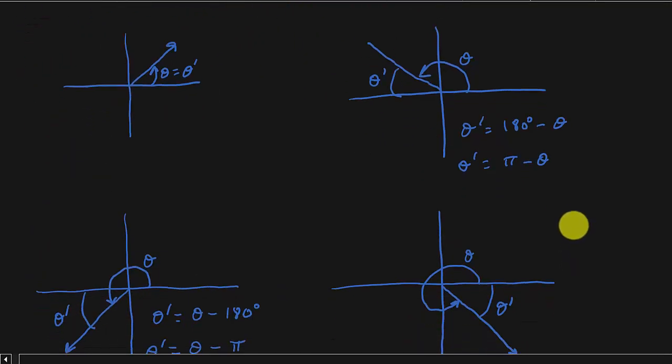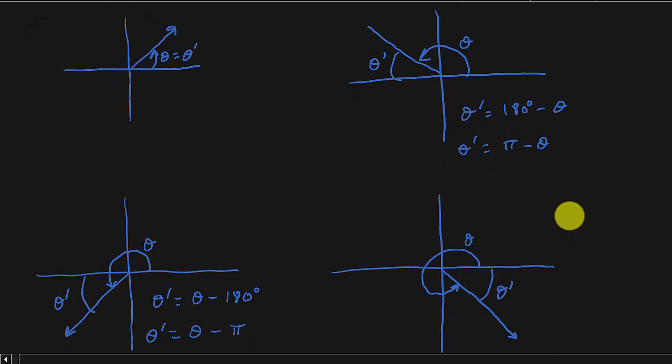All right, reference angles. Remember, a reference angle is an angle that is a first quadrant angle. A reference angle is between 0 and 90 degrees. So if you have an angle whose terminal side is in the first quadrant, then that angle is your reference angle.